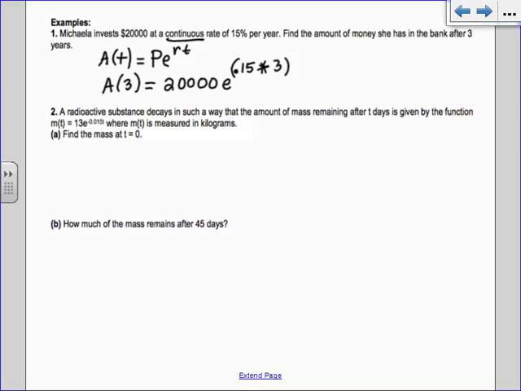All right, so we end up getting the amount after 3 years is $31,366.24. It should always make sense. If she's investing $20,000 and in 3 years only gets $18 trillion, you've done something wrong. You probably haven't done the 0.15, you probably did the 1.5. So think about it logically in the end.